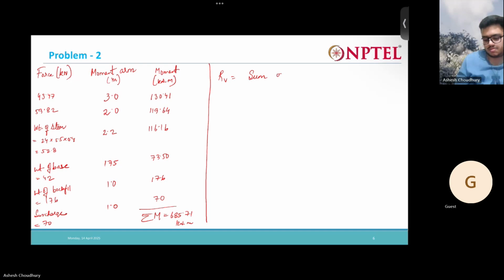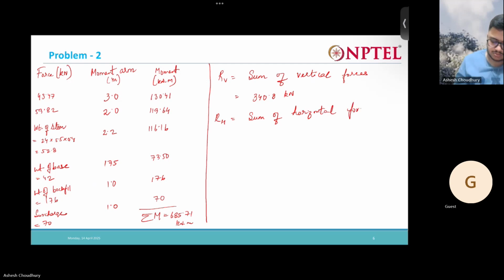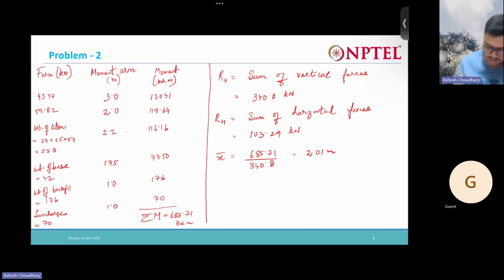X bar is 2.01 meters, which is nothing but the center of application of all forces.